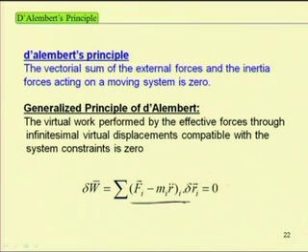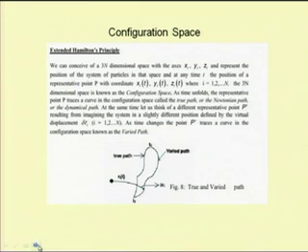By applying this principle, one can convert this vector expression of force and acceleration into the work done and energy of the system. Now we can see what we mean by the configuration space. Let us have n particles in a body.